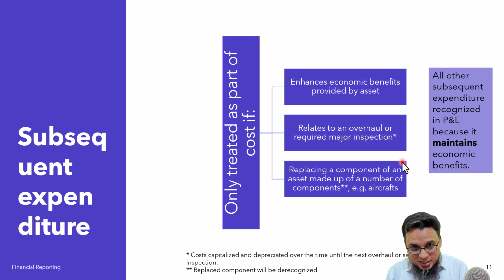And if a subsequent expenditure is actually replacing a component of an asset made up of a number of components, for example aircraft, then that cost needs to be capitalized, and obviously the replaced component will be de-recognized.